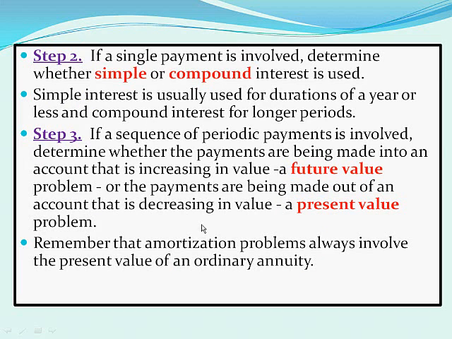Simple interest is usually used for durations of a year or less, and compound interest for longer periods. If a sequence of periodic payments is involved, determine whether the payments are being made into an account that is increasing in value, a future value problem, or the payments are being made out of an account that is decreasing in value, a present value problem. Remember that amortization problems always involve the present value of an ordinary annuity.